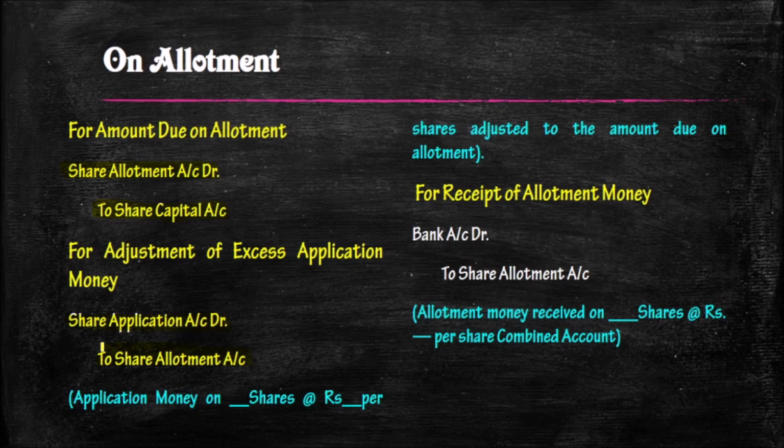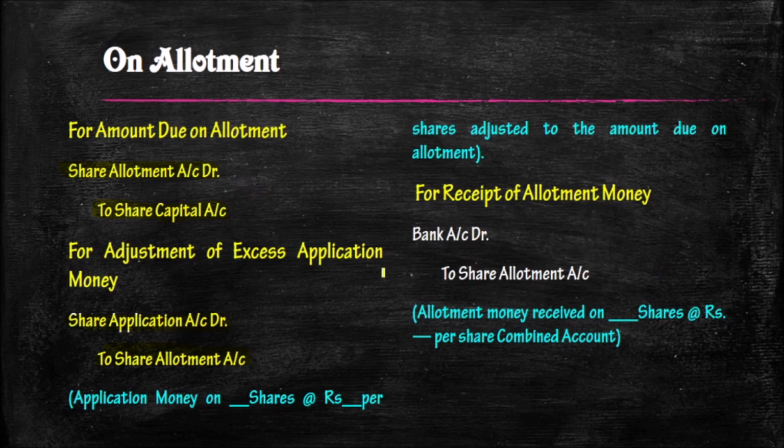We will learn this in the topic pro rata allotment. There you have to remember the entry related to rejection and adjustment of excess application money with the share allotment. After that, the third entry, the common entry, is share allotment account debited to share capital, the due entry of allotment. Due means what we have to get.